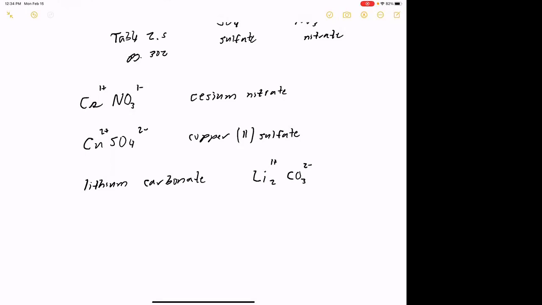And one thing students often ask me is, do I have to actually put the charges up above each ion? No, you don't. That's just there for me when I'm working this out so that I know how many lithiums I need with each carbonate. So this comes up in Chem 101 when you practice it. You don't put those charges up there unless Chem 101 asks you to, if you're dealing with an individual ion by itself or something.